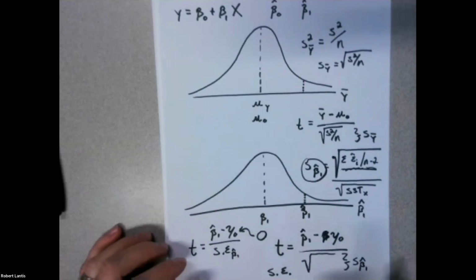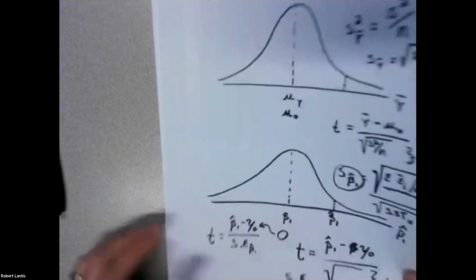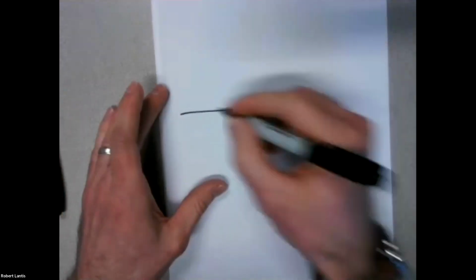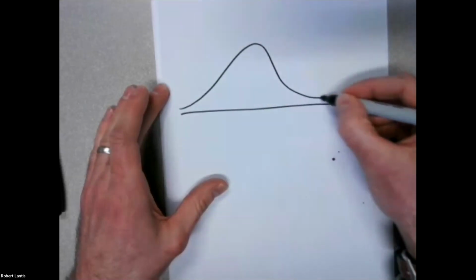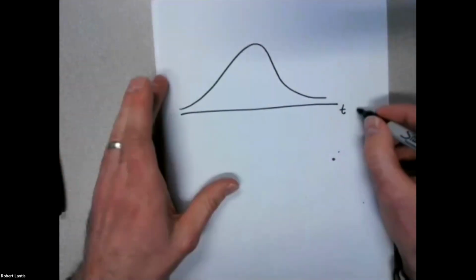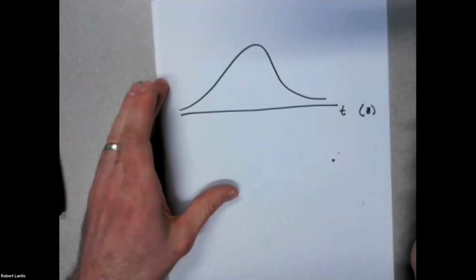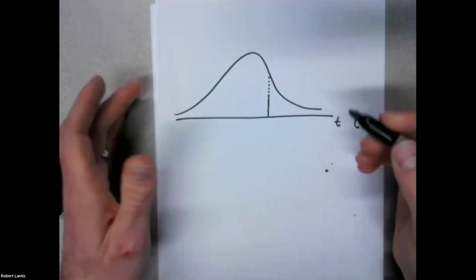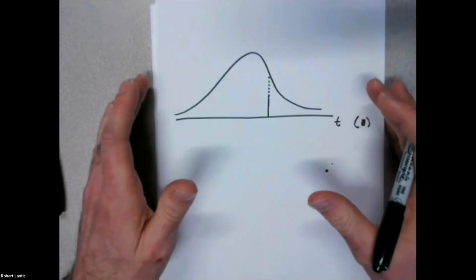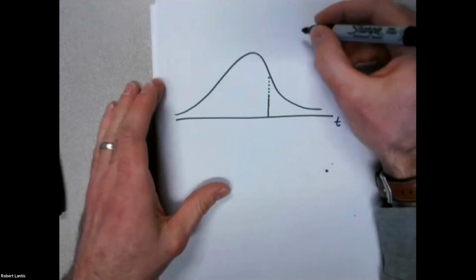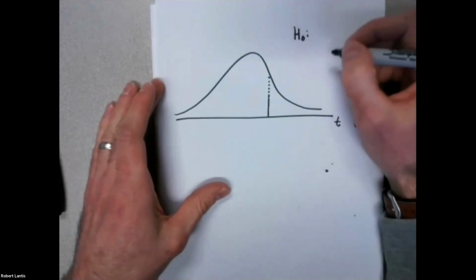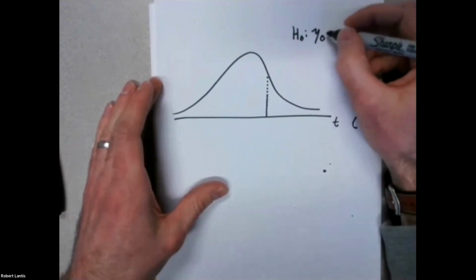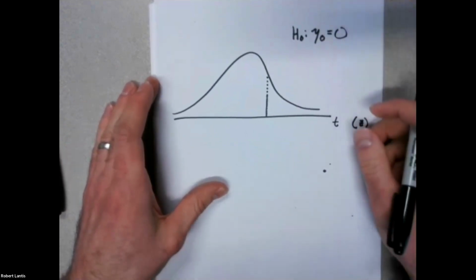Well, once I have my test statistic, I can say, oh, well, we know that with large enough sample sizes we should be using the student t-distribution, but we can use our standard normal values to approximate. So when we think about critical values, every test that we do in hypothesis testing for this class, we start out assuming that this true slope coefficient is equal to 0.